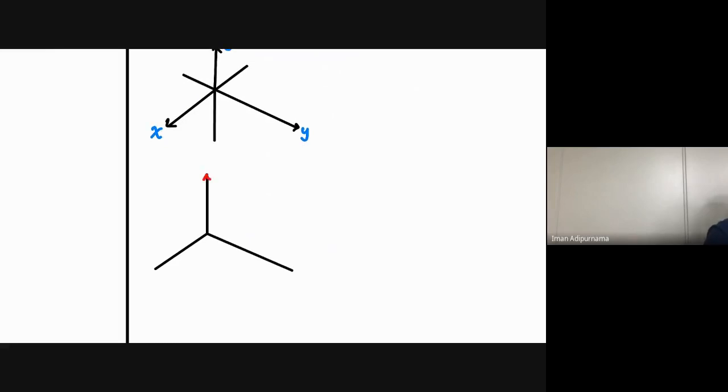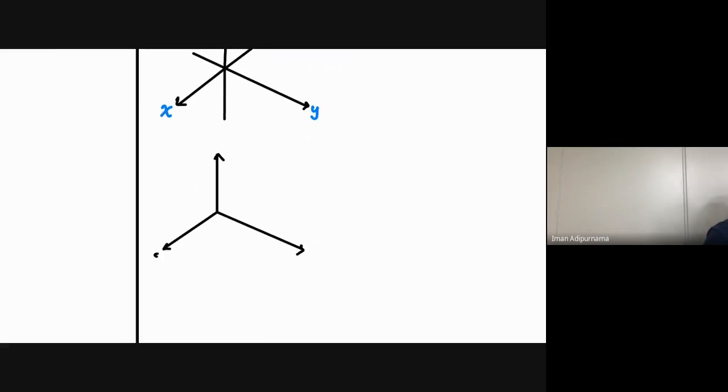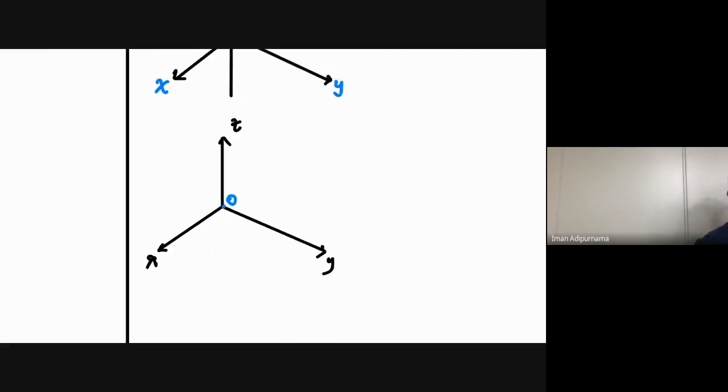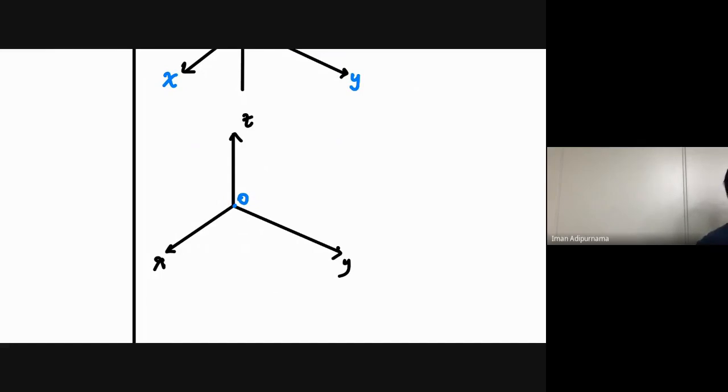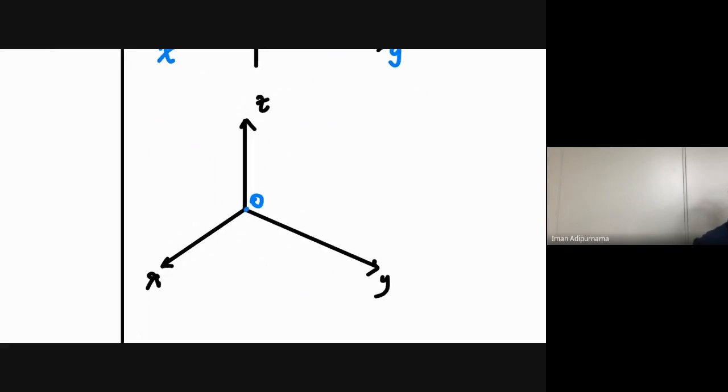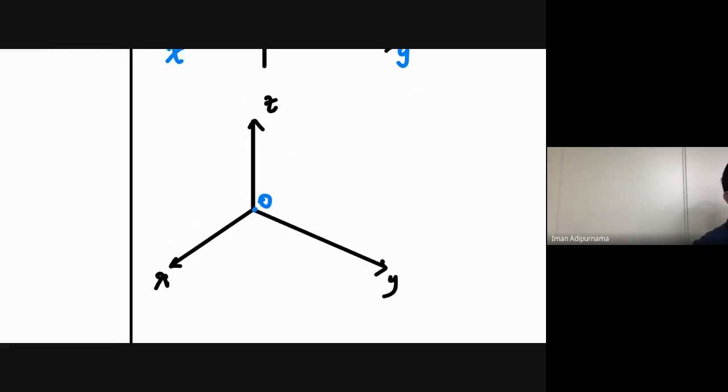The next thing is, let me write in x, y, z. This is the zero or origin. They always start from zero for 3D. Let's use the coordinate system as if we are walking through some points, through all three axes.